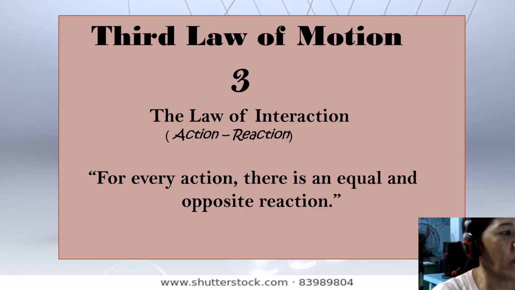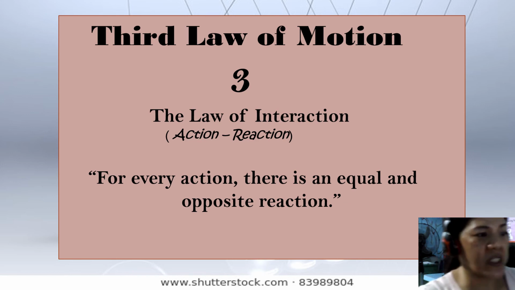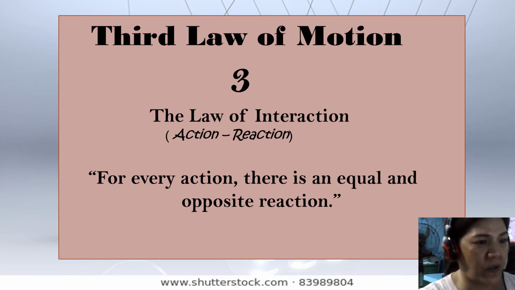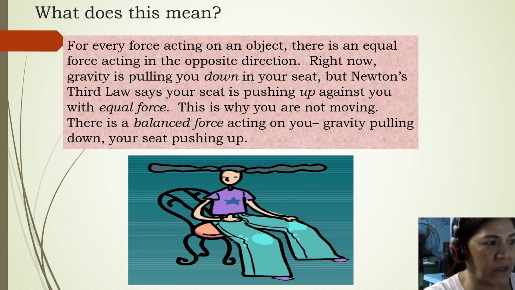Now, we will proceed to the third law of motion, which is the law of interaction. So it says that for every action, there is always an equal and opposite reaction. Again, law of interaction, it says that for every action, there is an equal and opposite reaction. Now, what does it mean? Try to look at this figure.